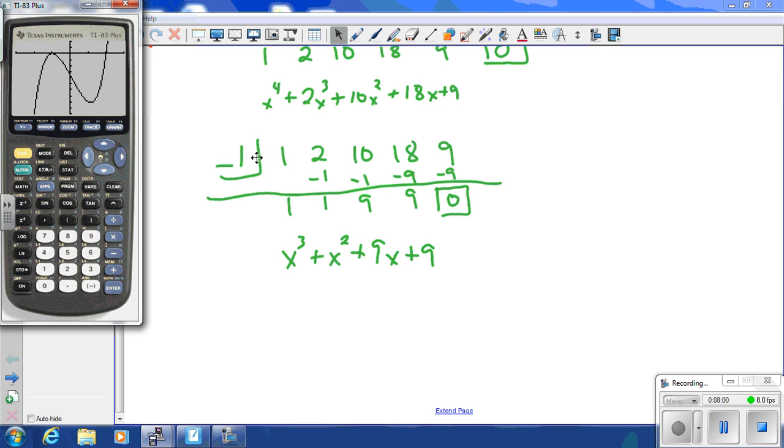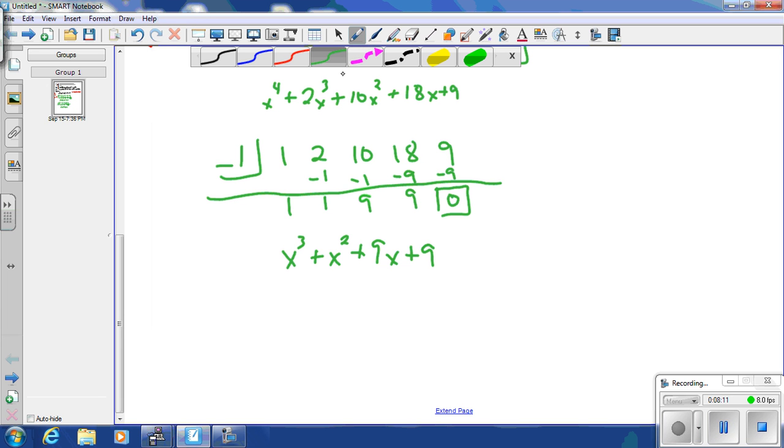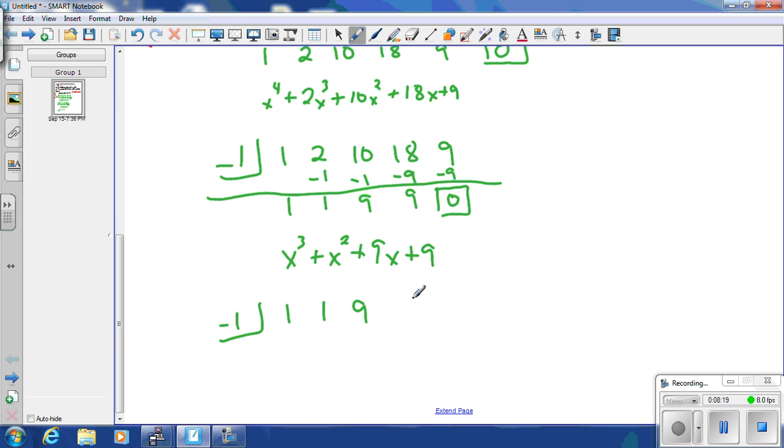Now I'm going to expect another -1 root. So I'll divide by the -1 again. So I have 1x cubed, 1x squared, 9x, and the constant 9. And we'll do our division, bring down the 1, and off we go.